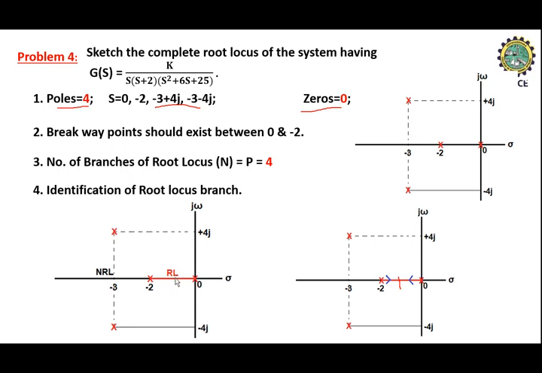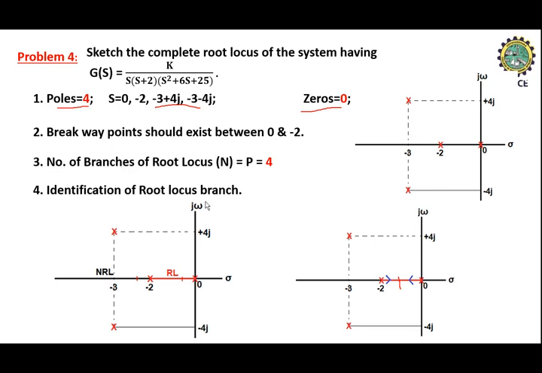After one pole, I consider one random point to the right side of it and count the number of poles and zeros. Only one pole is there, so the complete branch from this pole to the next pole is root locus. After the other pole, if I consider a point to the right side of it, the total number of roots is 2, so that's an even number. You can't consider the next branch as a root locus branch, so it is non-root locus.